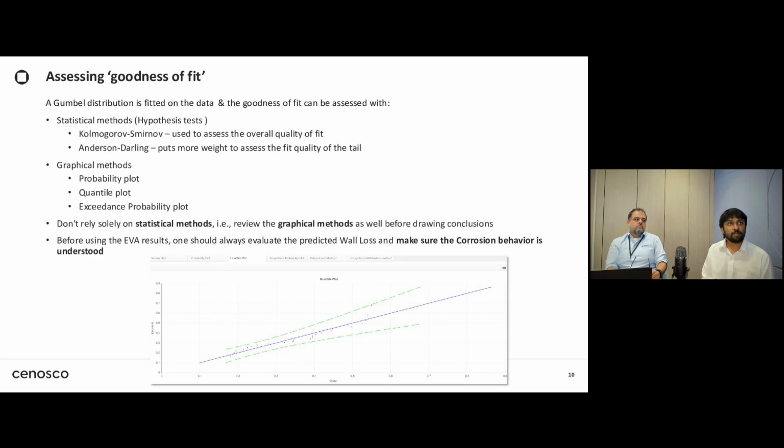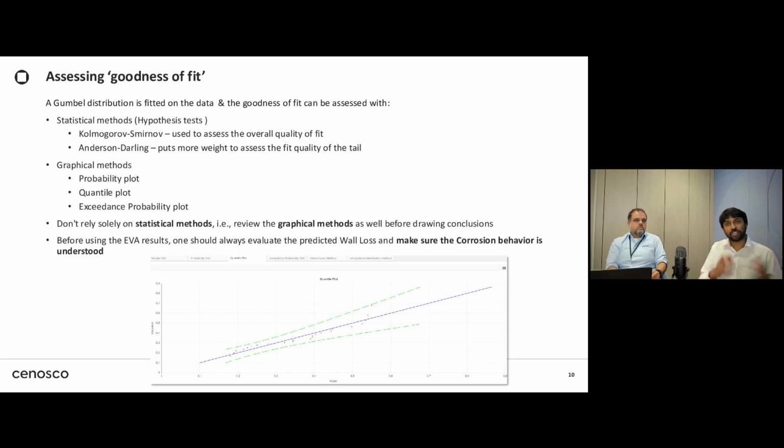Step two is all about assessing the goodness of fit. What is the quality of the data and how does it fit within our distribution? Because as Luis has highlighted several times by now, with EVA, extreme value analysis, we typically look at maxima and minima. All of us should be familiar with the normal distribution, where we work with the mean, the average.